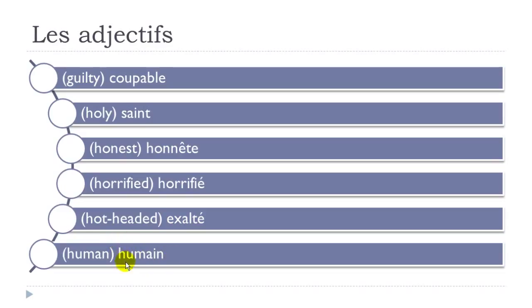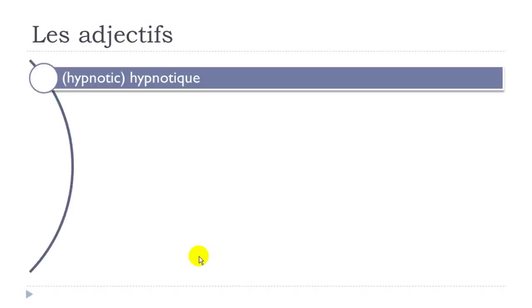Remember, H doesn't exist, so U, then A-I-N together, un. Humain. Humain. Hypnotique. Remember, at the end, Q-E, K, tic. So H is not pronounced. Hypnotique. Hypnotique.